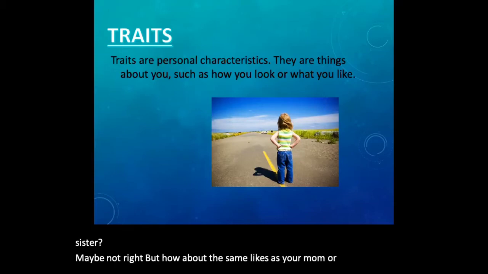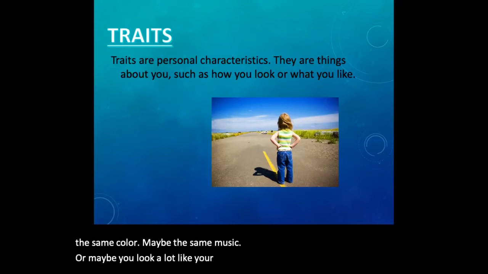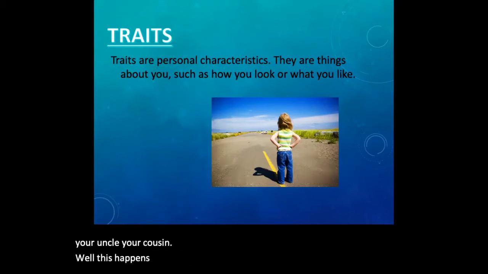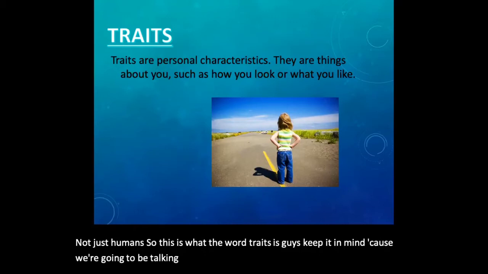Maybe you like the same color or the same music, or maybe you look a lot like your grandma, your grandpa, your uncle, your cousin. Well, this happens also in plants and in animals, not just humans. So this is what the word traits means, guys. Keep it in mind because we're going to be talking about it a lot, all right?